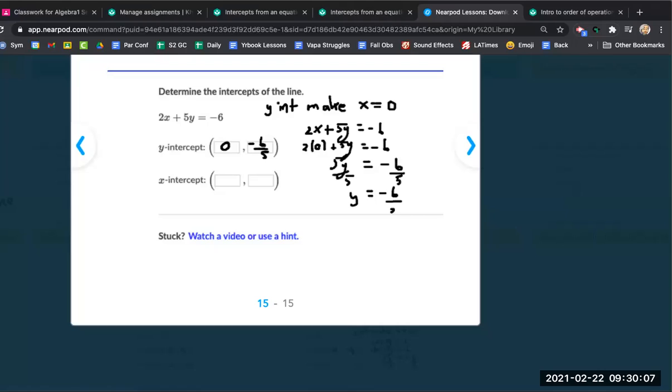For the x-intercept, what do we need to make y equal to? Let's have someone different, Clark or Raymond or Molly again, that's fine. What would we need to put in here for the x-intercept?